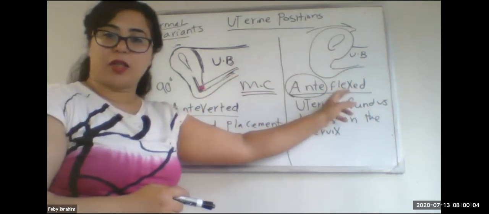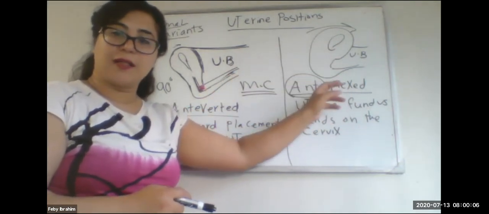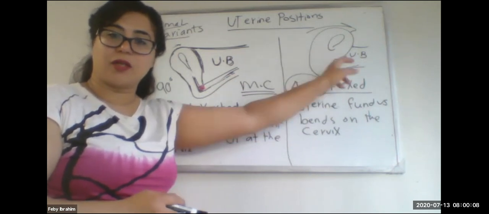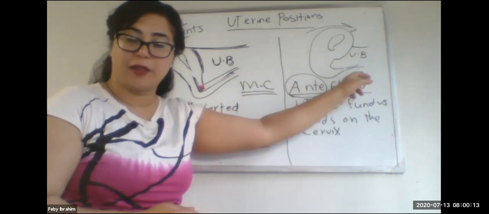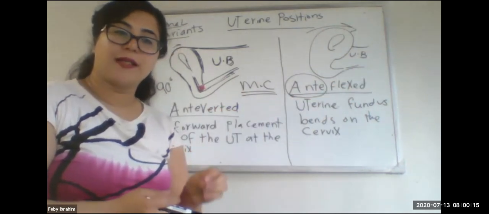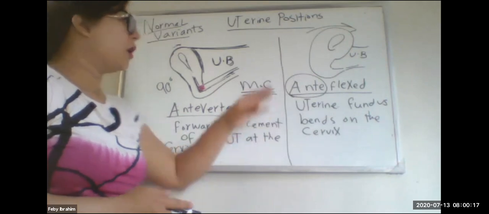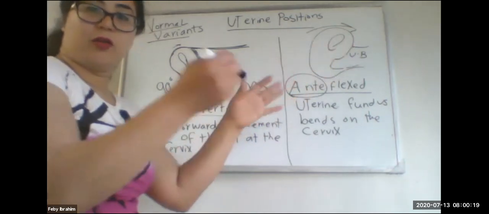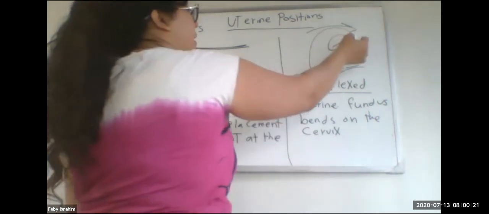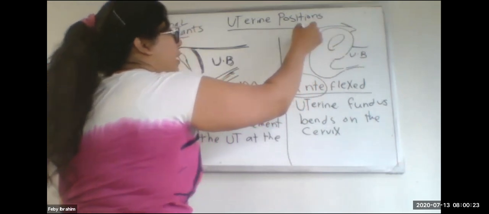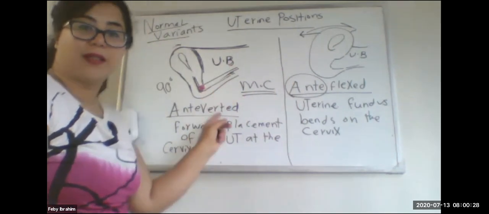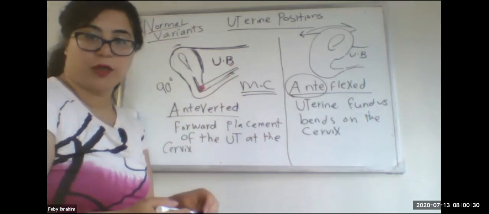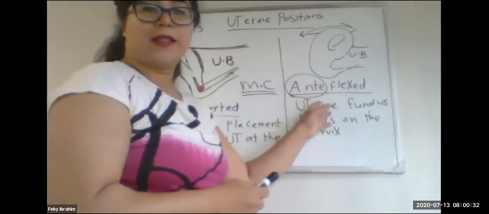In the antiflexed, on ultrasound, the uterus is flexed and bent toward the bladder when the bladder is empty. When the bladder starts to fill, the fundus and the body will move this way and it will be an anteverted position. So this one is for the antiflexed.